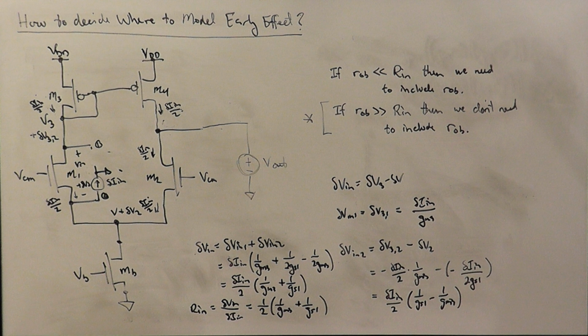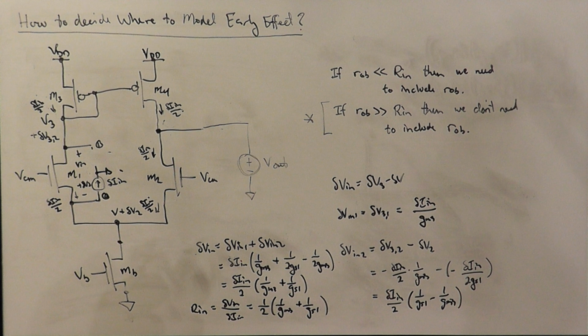Okay, so that, it turns out, is on the order of the 1 over GS of the transistor. And so RO is going to be on the order of much less than that. And so we don't need it there. Okay?